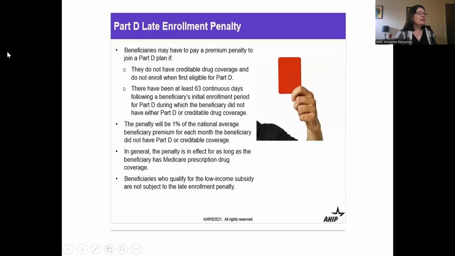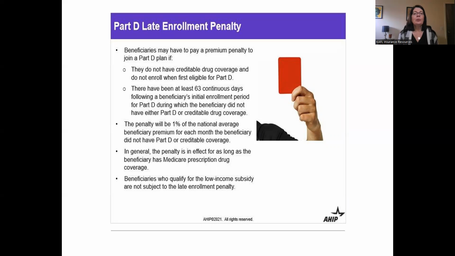So, this enrollment penalty. Again, I gave the example of people that aren't on any prescription drugs and think, I don't need drug coverage, I don't take anything. If they go at least 63 days beyond the initial enrollment period and they don't have creditable coverage, and remember, creditable means at least as good as the standard benefit, then they're going to have to pay the penalty.